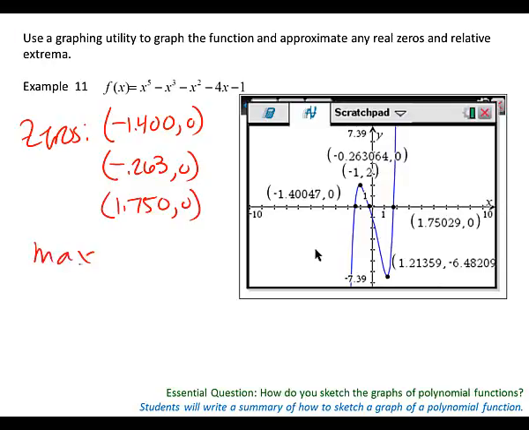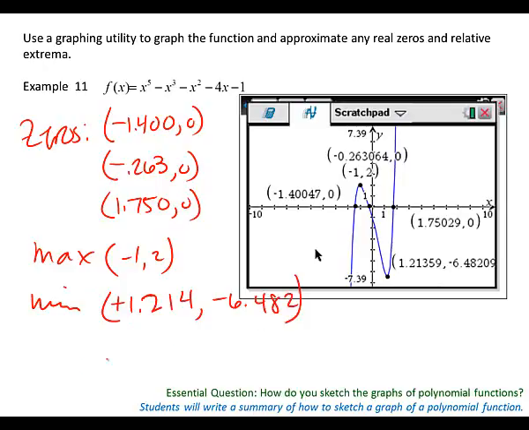Your max point was negative 1.2, and your min point was, no, not negative, positive 1.214 if I rounded it, negative 6.482. All right, give you about 20 to 30 seconds to get caught up with that, and then we're going to move on.